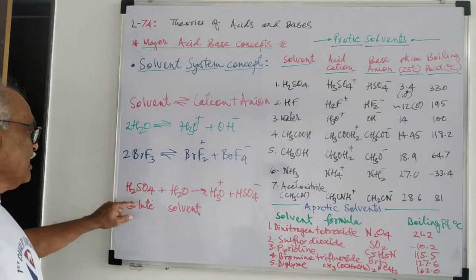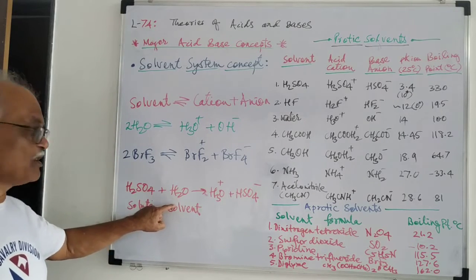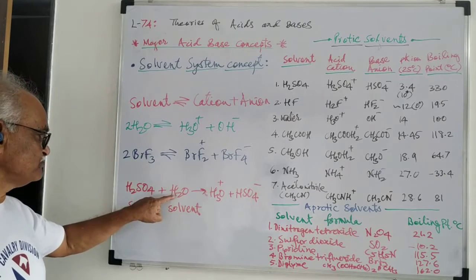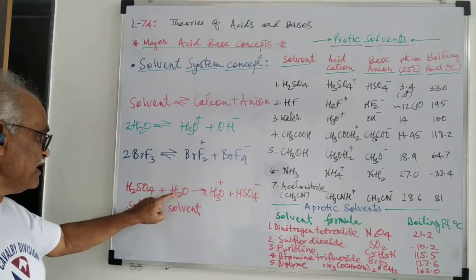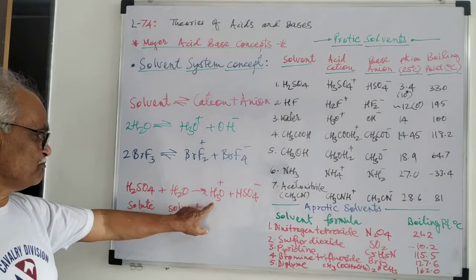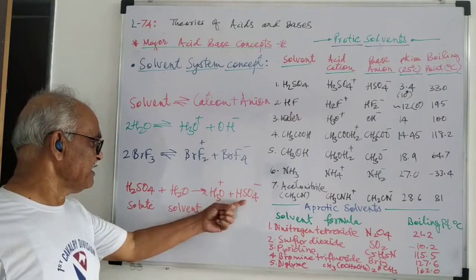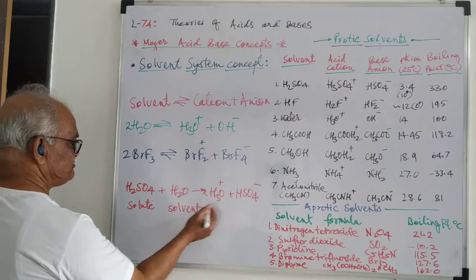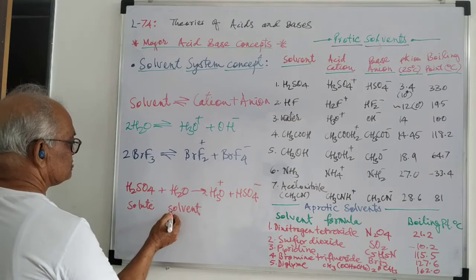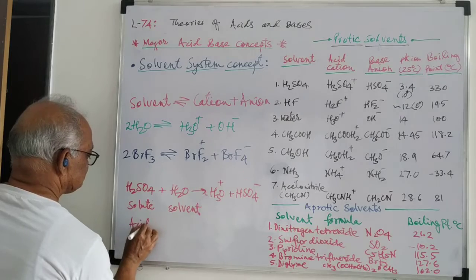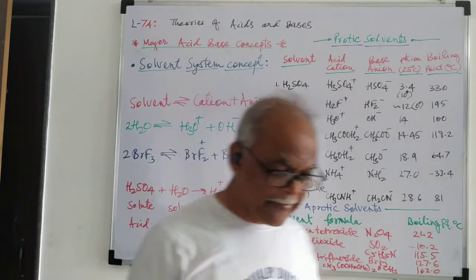When H2SO4 is dissolved in water, this solute releases H plus to H2O, as a result of which it produces cations in large number and anions in small number. Therefore, this solute is called an acid.